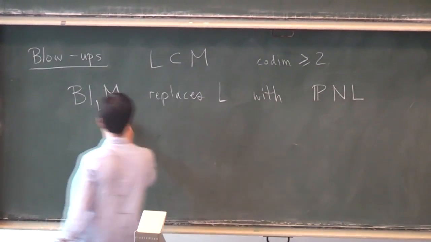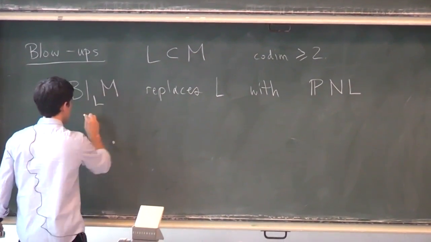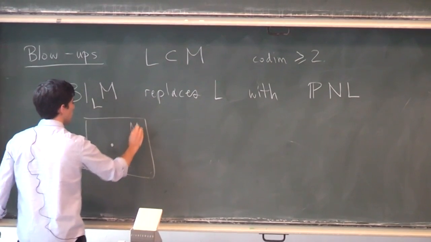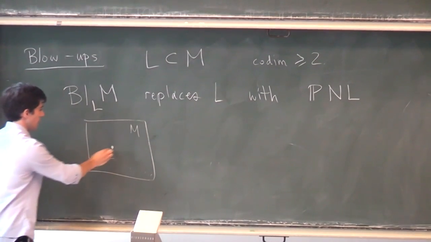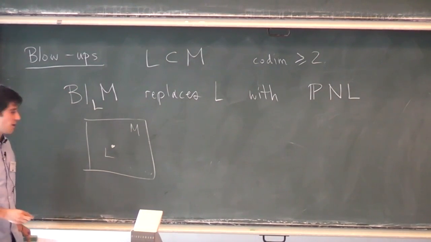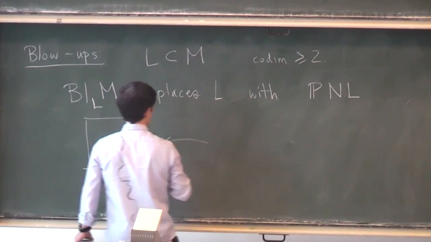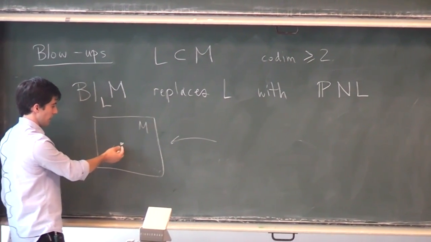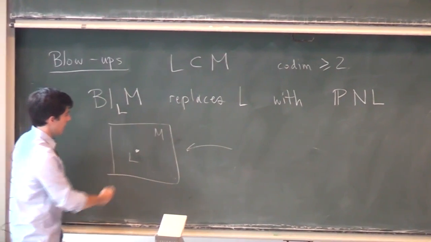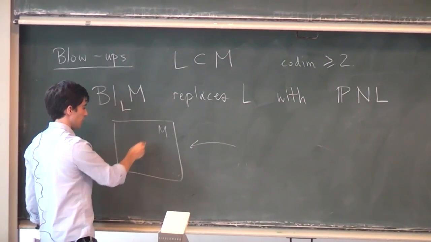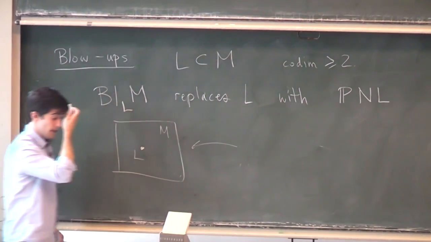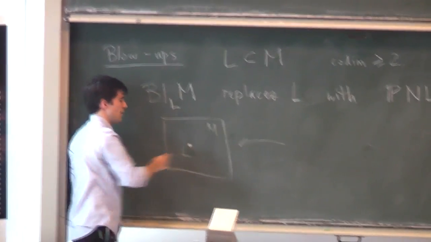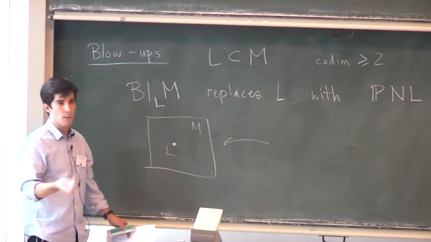Let me just draw the canonical picture of a blow-up. This is M, this is L. As you can see, L is a point, so it's codimension 2 inside M. If we blow it up, that means we must remove L, so now we would be left with a punctured plane. And then we have to replace it with the set of lines through L, and that set of lines is the projective RP1, and RP1 is a circle.